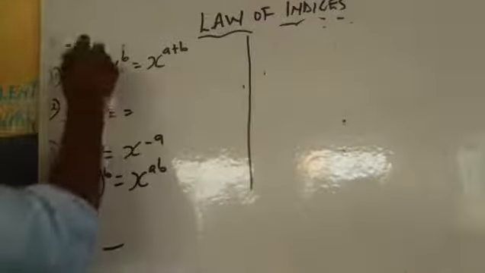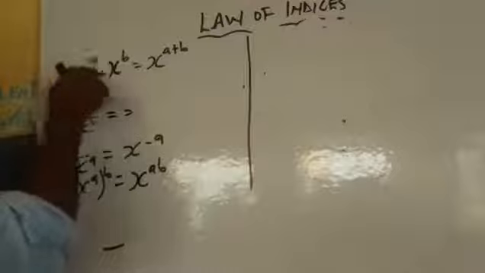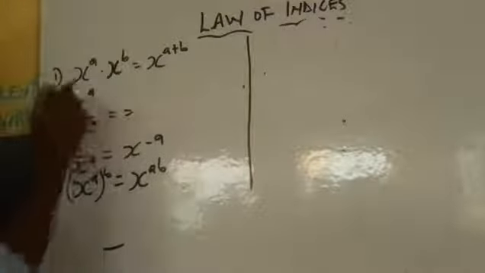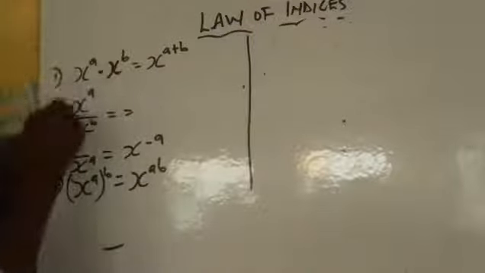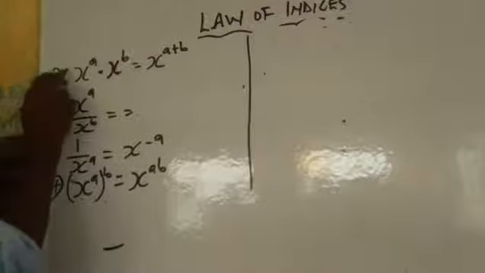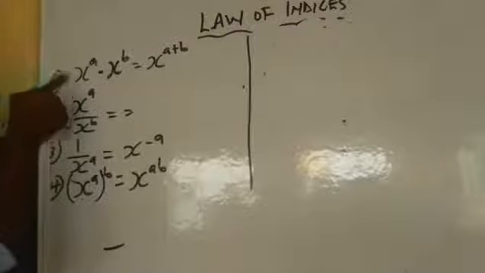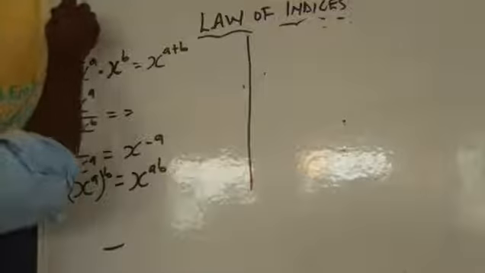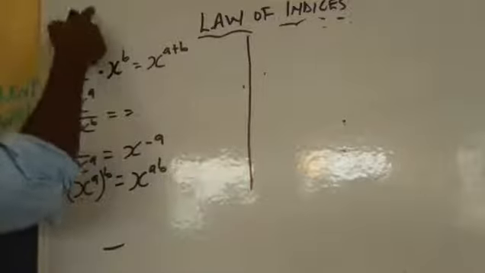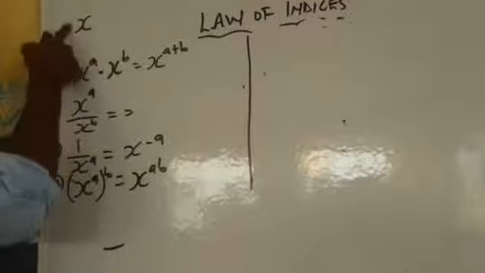The first law says x power a times x power b. Anytime you have multiplication like this, the first thing you do is the coefficient. The coefficient here is 1, but it's invisible. There is also a coefficient here.